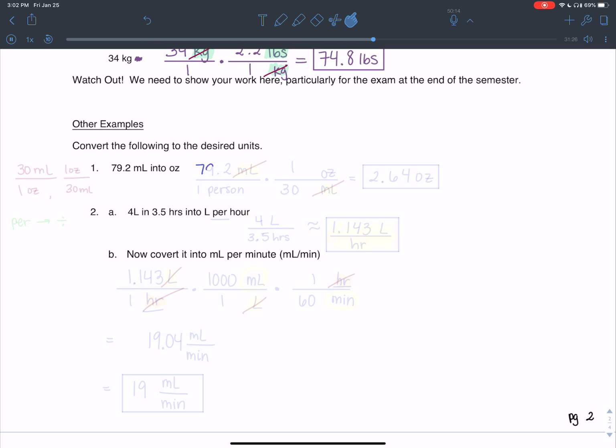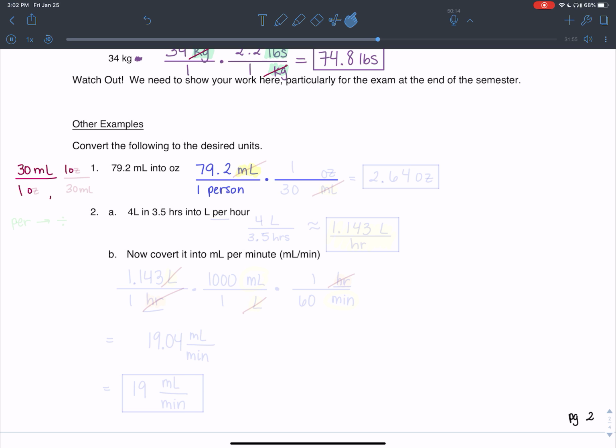You can start off with that amount per one person or whatever we're talking about. I'm going to multiply it by another fraction, my 30 milliliters in 1 ounce, right? So I can either use 30 milliliters over 1 ounce, or I can use 1 ounce over 30 milliliters, right?